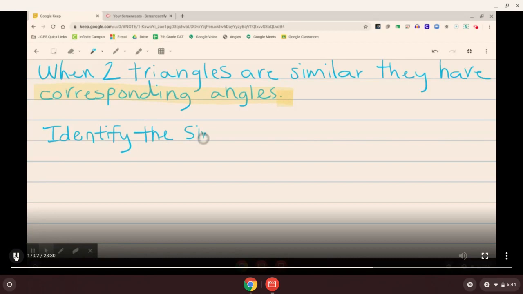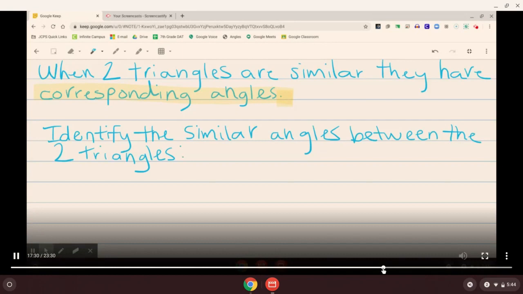So we're going to identify the similar angles between these two triangles that I will put up in just a minute. So make sure you have this written down. And we are going to compare a couple, or really all of the angles within this triangle.